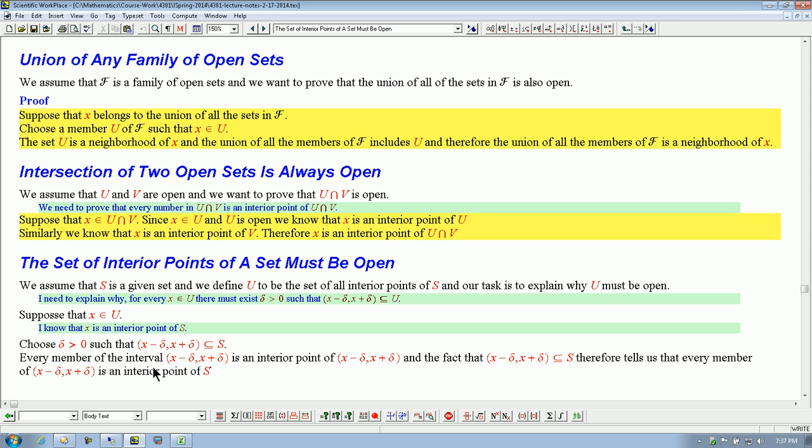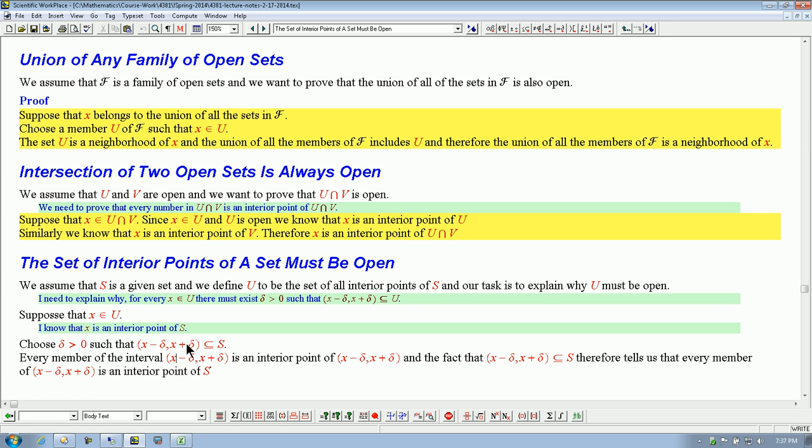If you take any number in that interval, call it Y, call it Charlie, isn't that interval a neighborhood of Charlie?